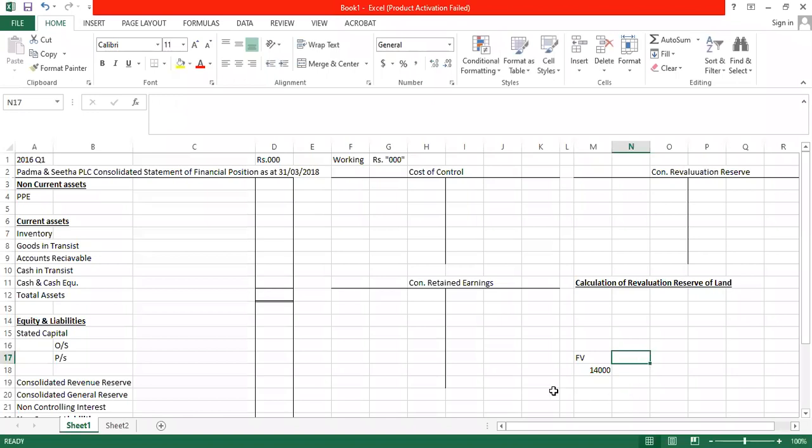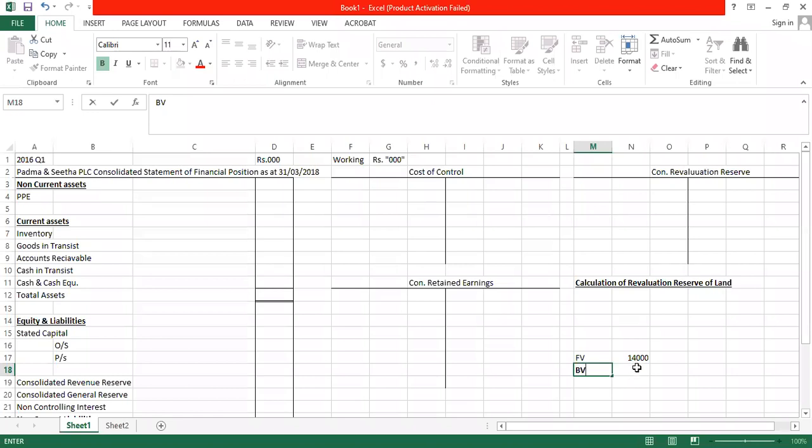Now we have to find what is the book value. So this is the fair value of net assets.